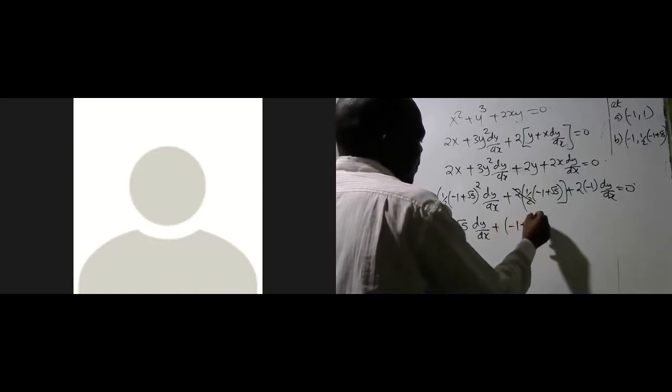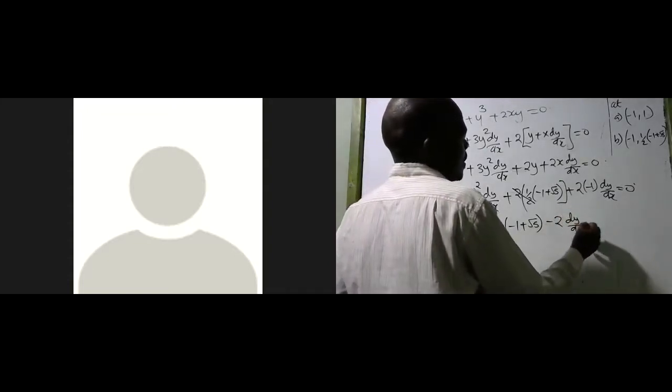And you get 9 minus 3 root 5, then the dy/dx, positive. We also put this one in the calculator here, all of it. But these two can cancel out. So this one here, you're going to have minus 1, positive 5 there. Then positive, this becomes minus again. It becomes minus 2 dy/dx is equal to 0.